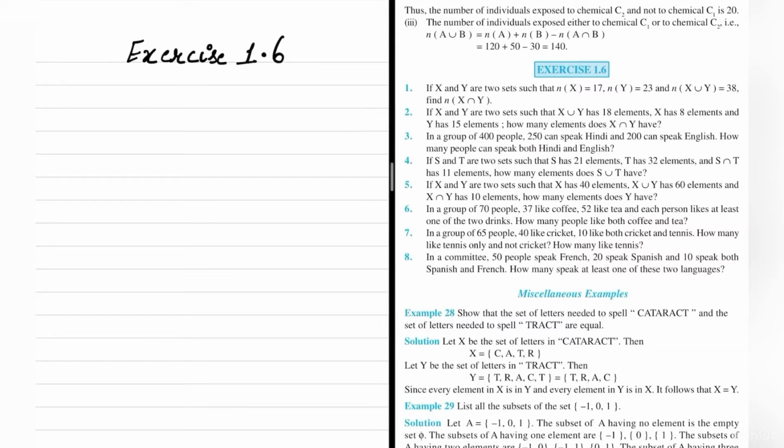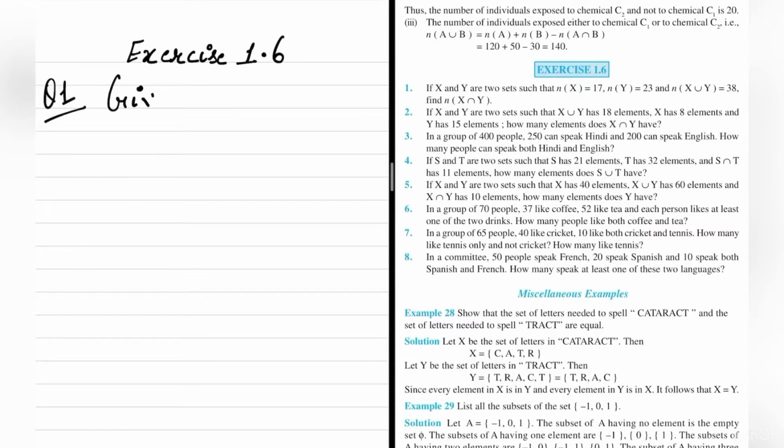If x and y are two sets such that the number of elements in x is 17, number of elements in y is equal to 23 and the number of elements in x union y is equal to 38, you have to find the number of elements in x intersection y. So question 1.